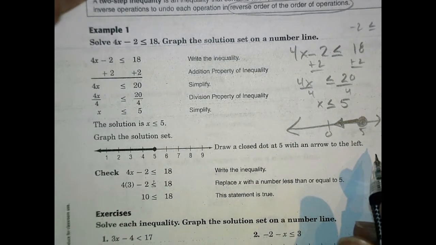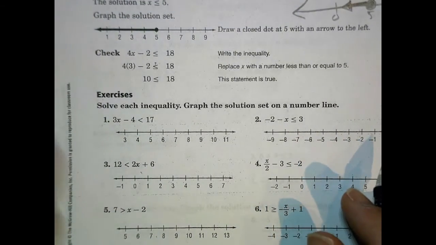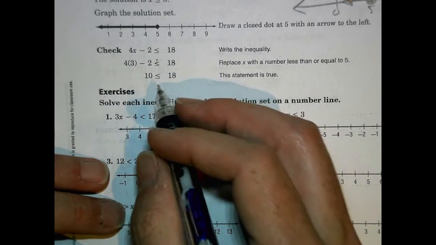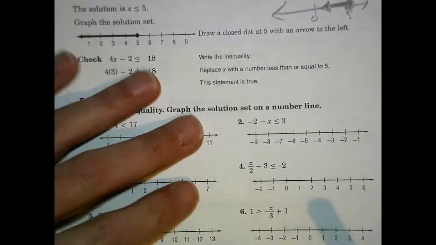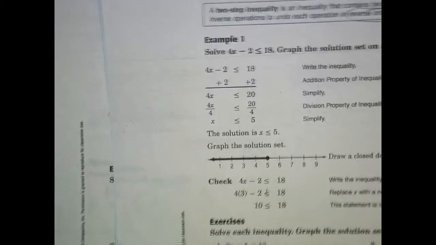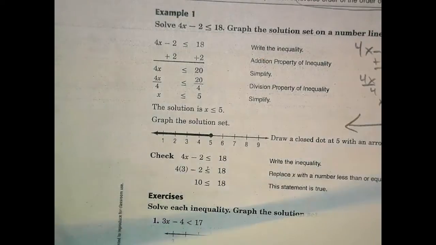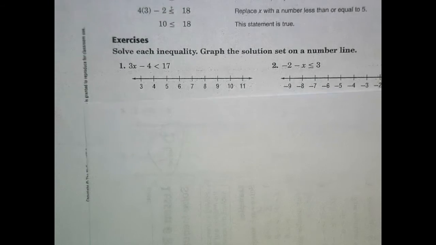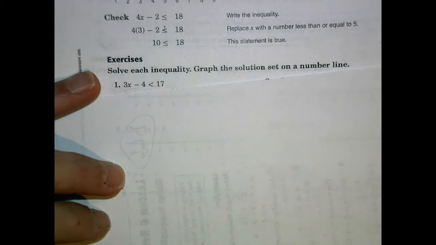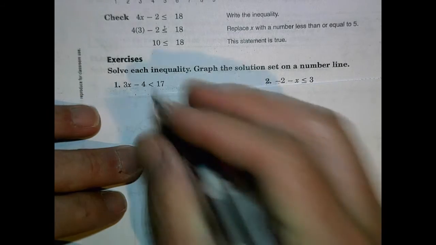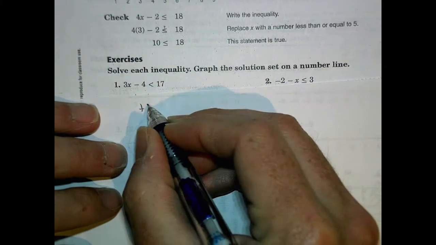Okay? Let's do a couple more examples real quick, just to make sure we have the right idea as we move forward. So this next one, we have 3x minus 4 less than or equal to 17. Okay, so let's see here. Let's get a piece of paper. Draw this for you. So 3x minus 4, we would add 4 to both sides.